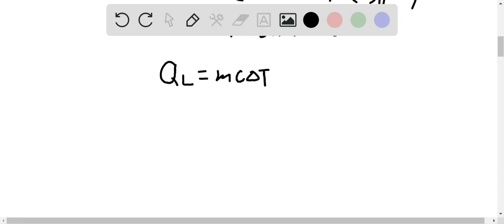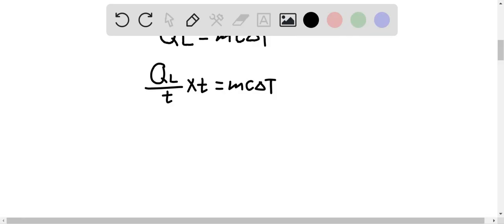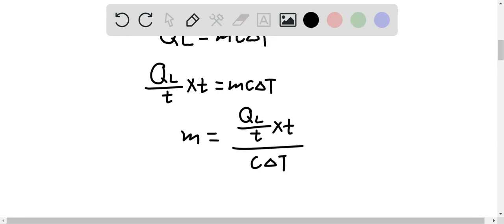So we can also write QL as QL over T times T, and this is also equal to MC delta T. If we move M to the left side and everything else to the right side, we have QL over T times T over C delta T is equal to M.